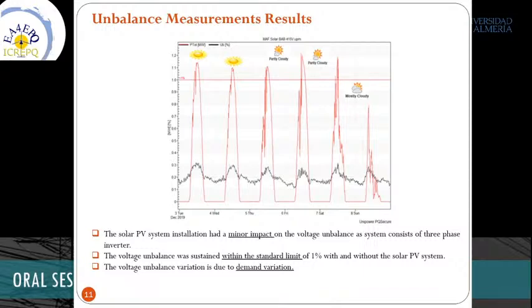The voltage unbalance was sustained within the standard limit of 1% with and without the solar PV system. The voltage unbalance variation is due to the demand variation.